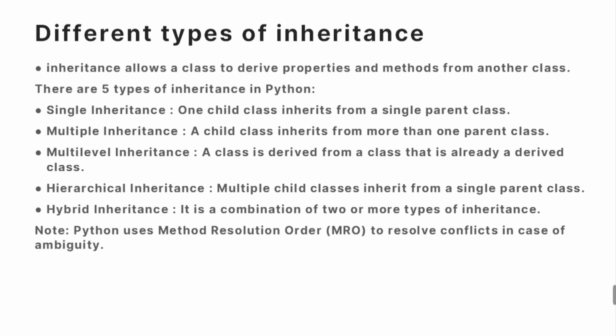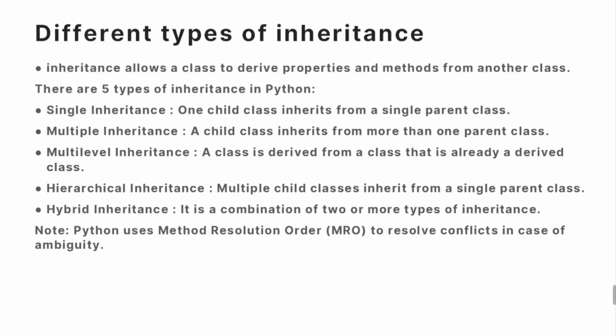Next question they will ask is, what are the different types of inheritance? Basically, inheritance allows the class to derive the properties and the methods from another class. You can explain five different types of inheritance in Python. First is single inheritance, where one child class inherits from a single parent class.